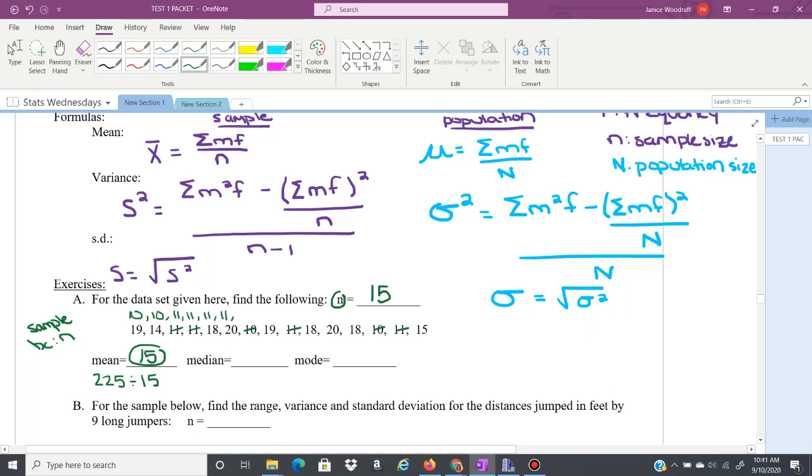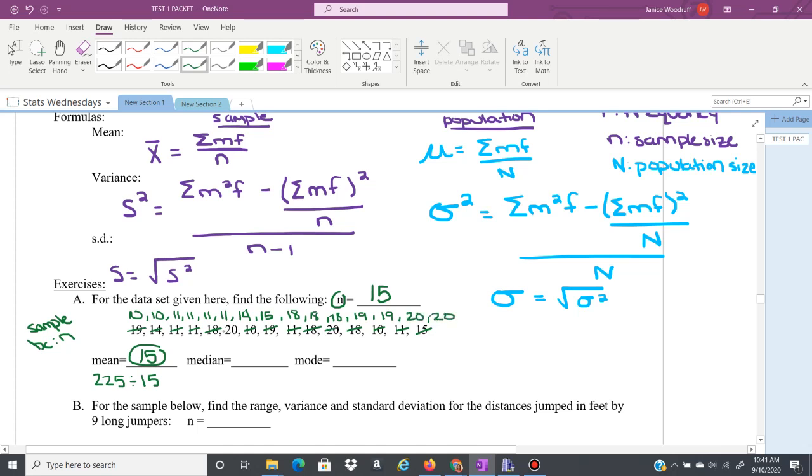Let's see, 12, no, 13, 14, then 15, 16, no, 17, I've got 3 18s. Then I have 2 19s and 2 20s.